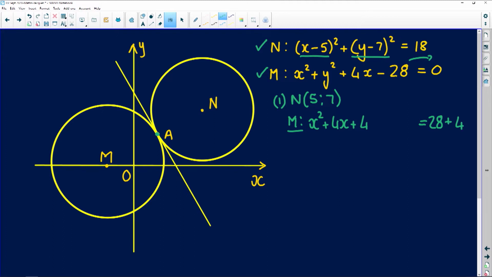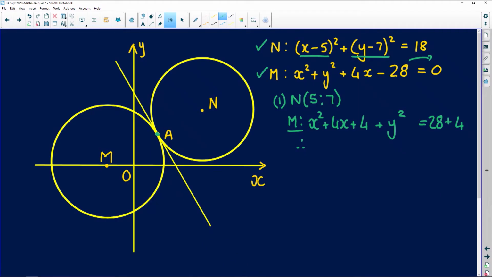So that will be 4 plus y squared. Now there's no other y term over here, so this can be seen as y minus 0, all squared. And we can see it on our diagram. Our y value for our center is 0. So this becomes x plus 2 all squared plus y squared is equal to 32.